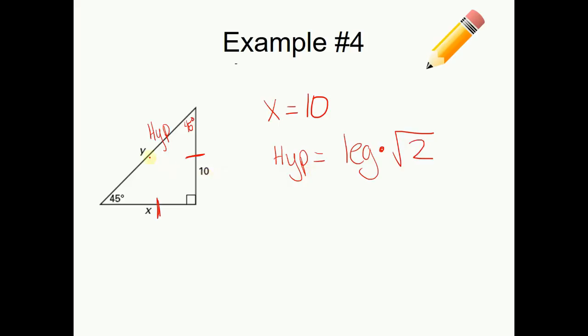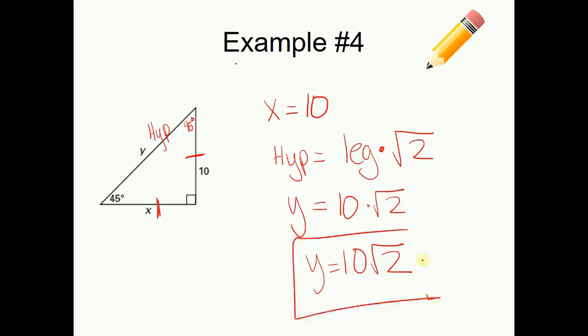My hypotenuse, that looks like it's y. Leg, one of my legs, it's worth 10 times the square root of 2. Well, that's just 10 square root of 2. And that is the answer. So my legs are both 10, and my hypotenuse is just a leg with a square root of 2 attached.